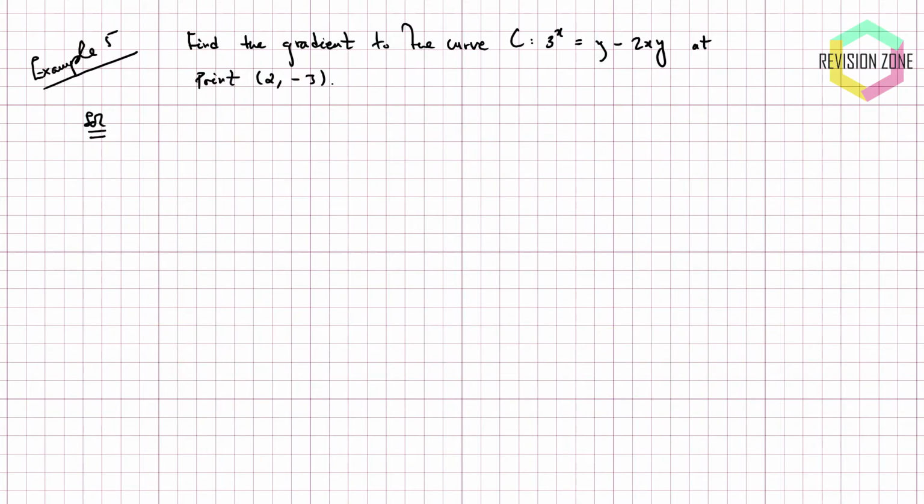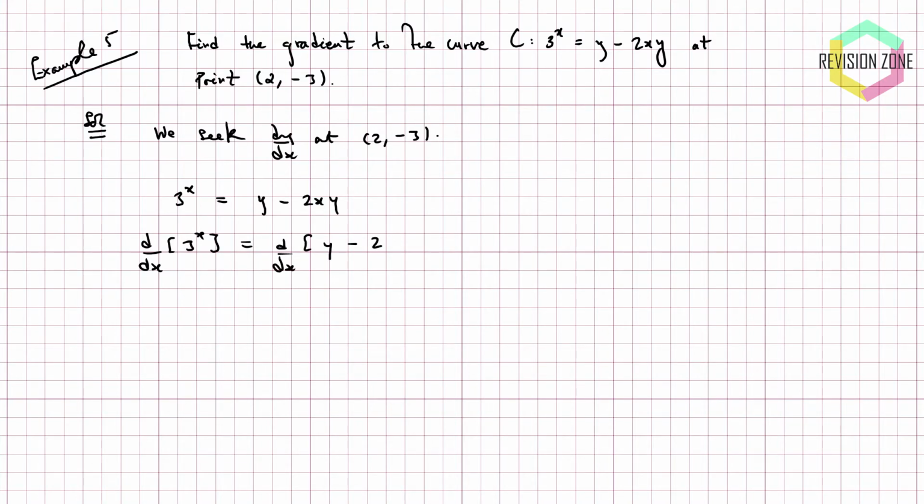So solution. We seek dy by dx at (2, -3). That's what we seek. So how are we going to work out dy by dx? Well, I just start with this function, and as before, I differentiate both sides purely with respect to x. We know the thing has to balance because we're doing the exact same thing to both sides.